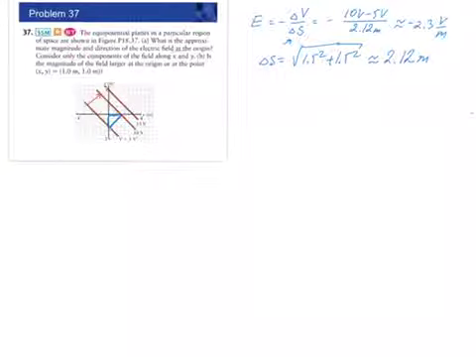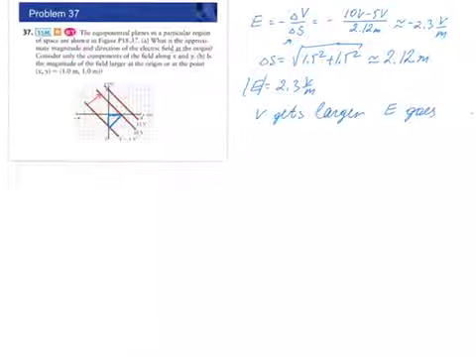That means that the magnitude of electric field is 2.3 volts per meter. And as far as direction is concerned, I guess the easiest way is to just remember it: E goes opposite. If V gets larger, E goes away.